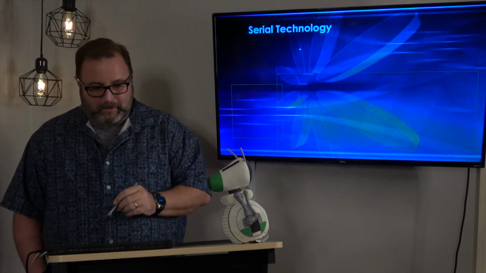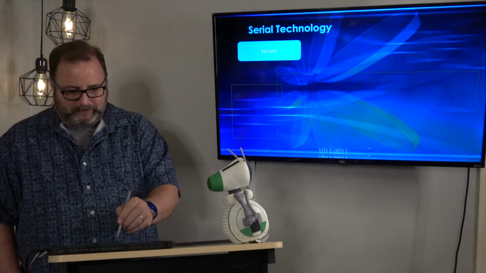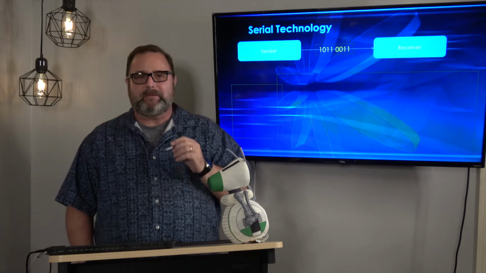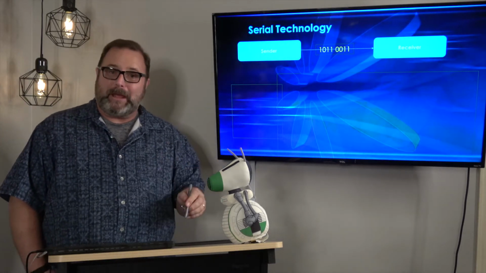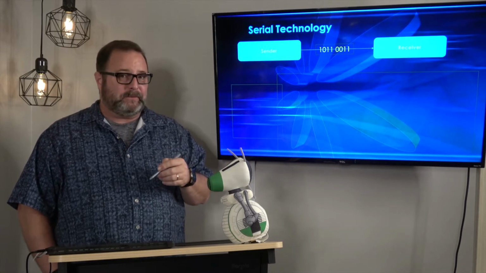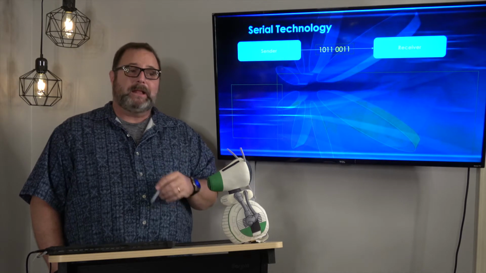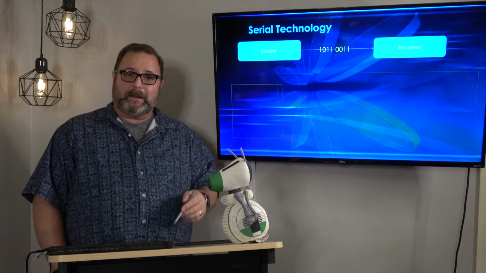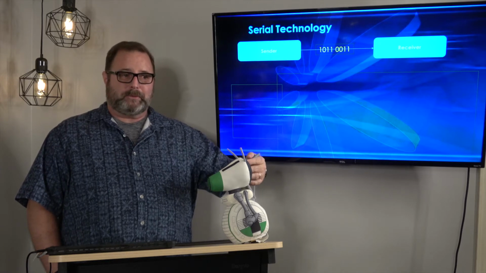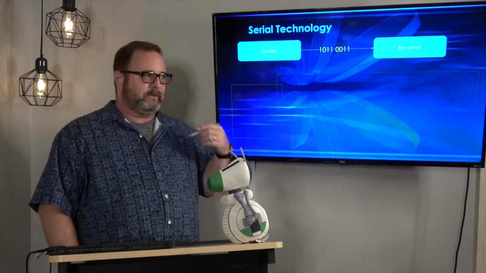Well, today, serial technology has gotten really, really fast and better than it ever was. And in some cases, it is faster to use a serial protocol than a parallel one. Because with parallel, you get to a certain point where you have to put the bits back in their position, whereas in serial, you don't.